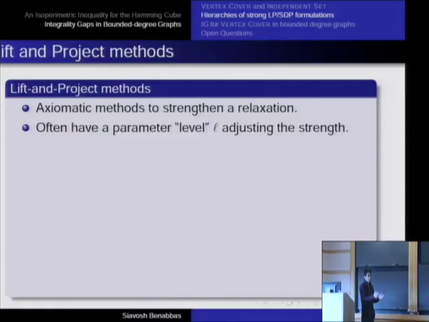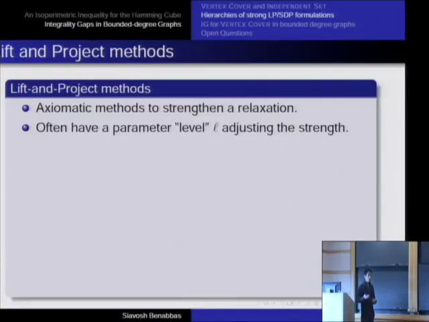It could be any problem, so let's say vertex cover, and you apply these lift and project methods up to level L. Now, if L is 0, you haven't done anything. You have the original program. If L is, say, 3 or 5 or another constant, you will get a program which you can optimize over in polynomial time. So optimizing it will still be in polynomial time.